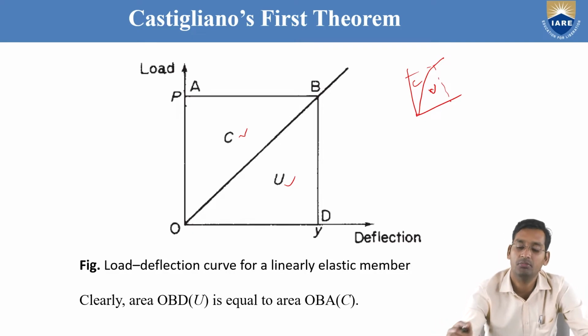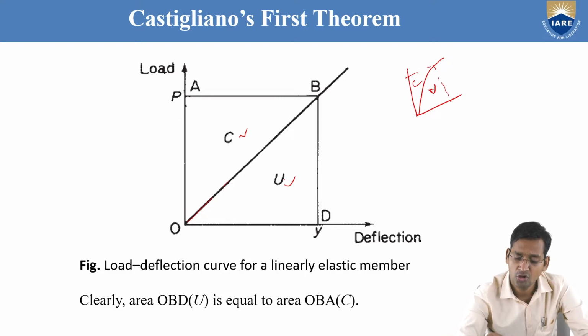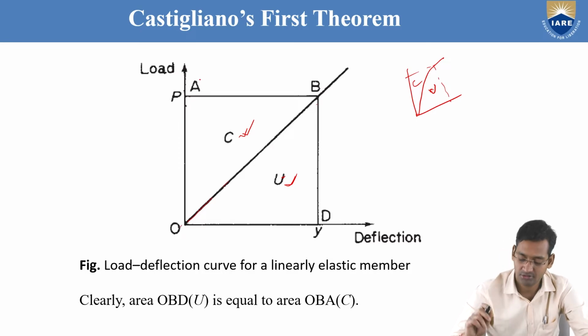So for a linear elastic member or material, that curve will be a straight line, as earlier discussed according to Hooke's law. So now this will be the strain energy, and this will be the complementary energy. So the area of OBD will be the strain energy and OBA will be the complementary energy.